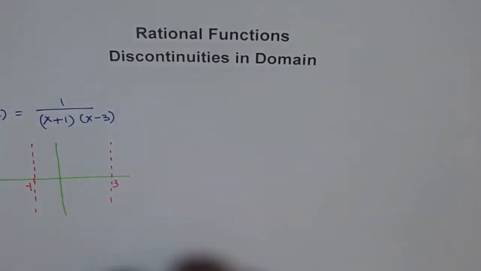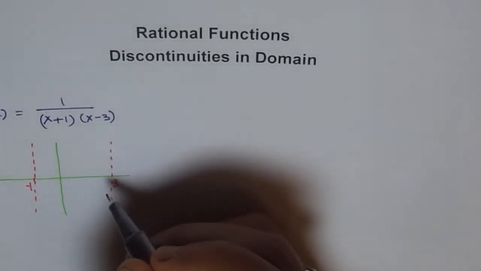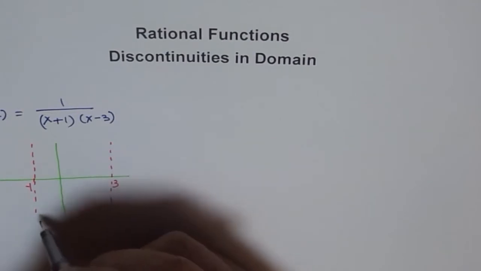So, without getting into details of how to sketch it for the moment, if we try to sketch this graph, we will get a graph which is kind of like this.